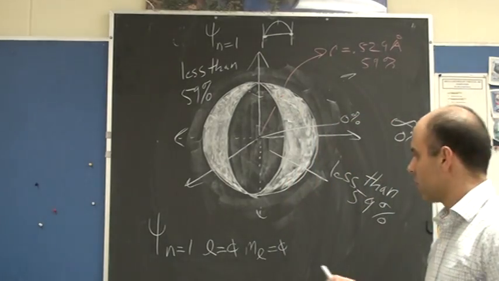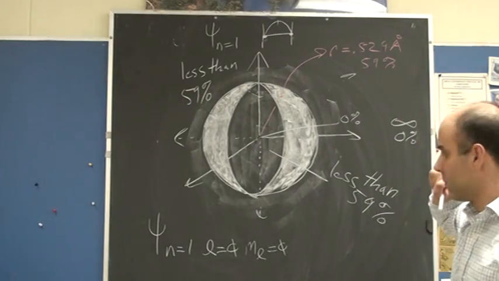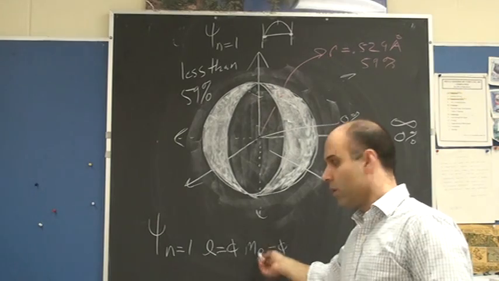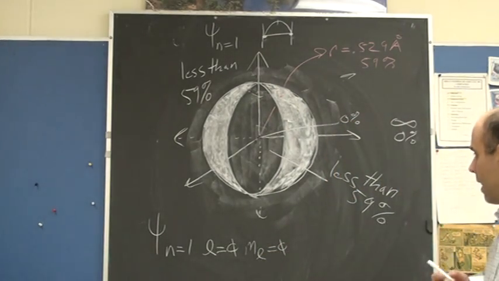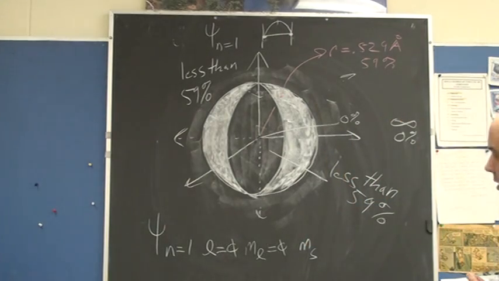So in other words, this was the first fundamental wave with one amplitude, no angular momentum, no magnetic field, and then our 4th quantum number has to do with spin.